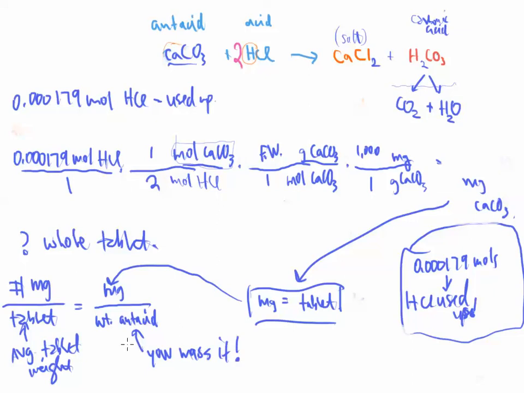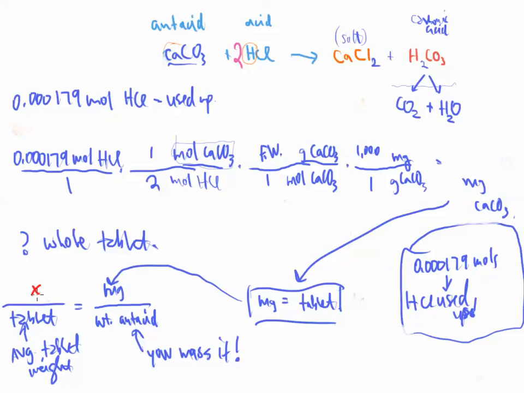So if I want to relate this to a tablet, I would pretend like I didn't know how many milligrams there were in a tablet. I know all the other numbers that I need in order to solve for that answer.